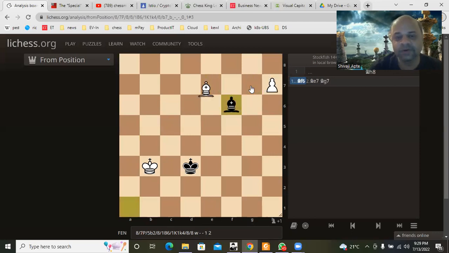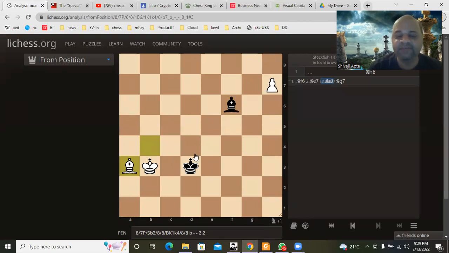No. Okay, where will white move his king? See, white's threat is not to move the king, but white's threat is bishop to a3 followed by b2. Then he will want to exchange the bishops, and the moment the bishops are exchanged, the pawn is going to queen, right? So that is the thing.